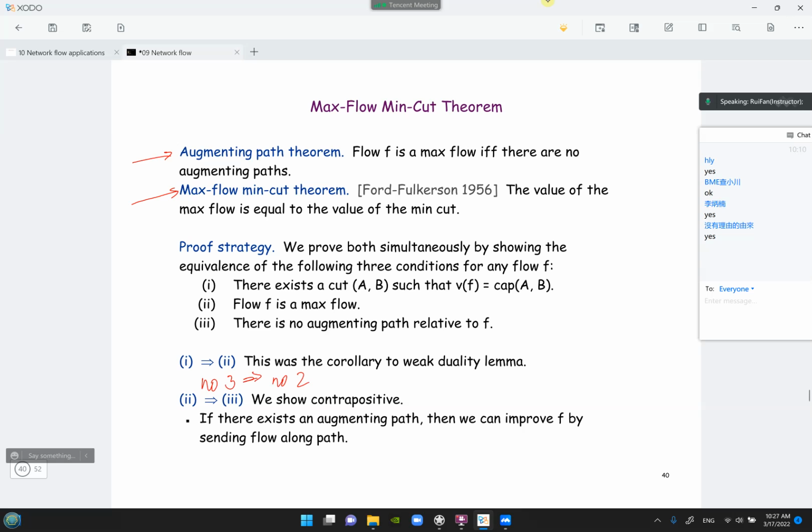Well then we can increase our current flow, because we can just add more flow along this augmenting path and we get a bigger flow. That means the current flow F is not a max flow. So if there is an augmenting path, then F is not a max flow, and therefore 2 implies 3. If it's a max flow, there cannot be any augmenting path.